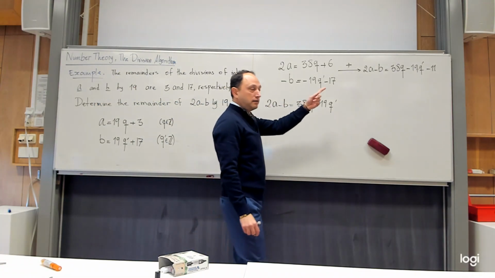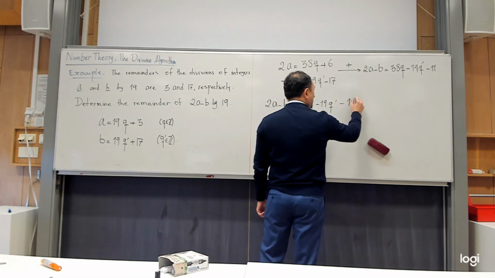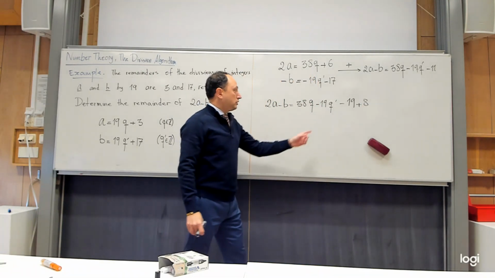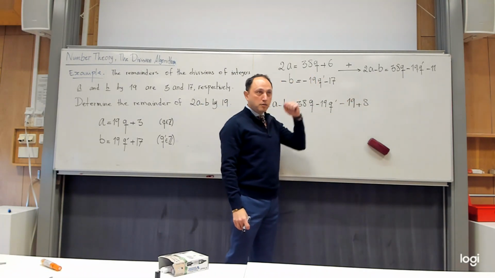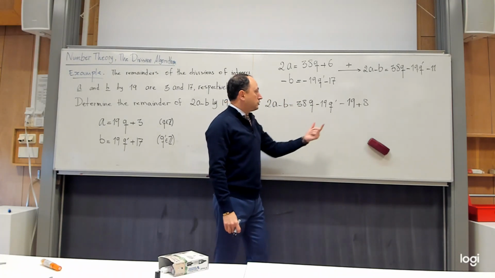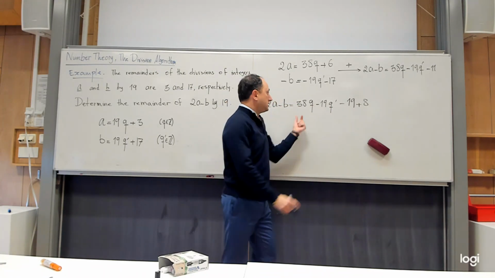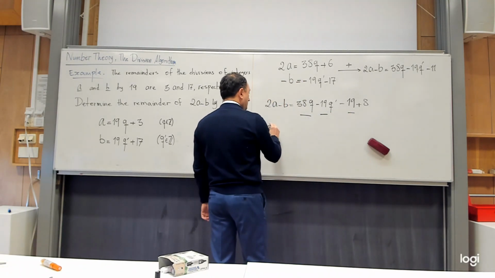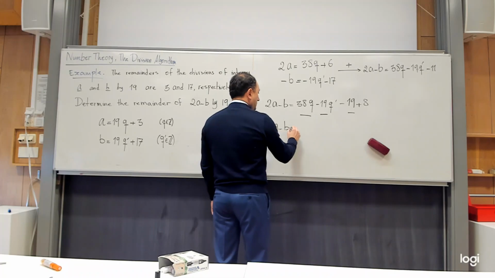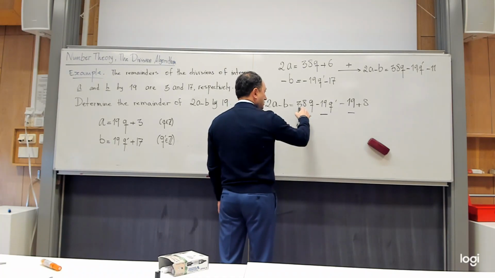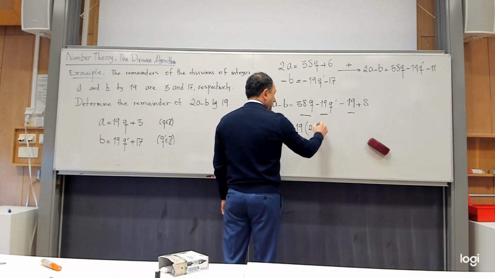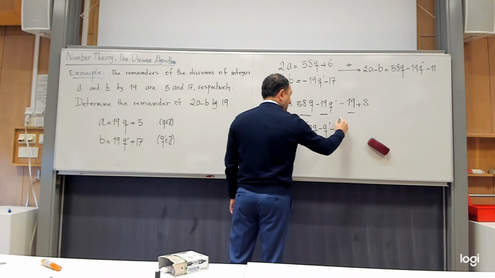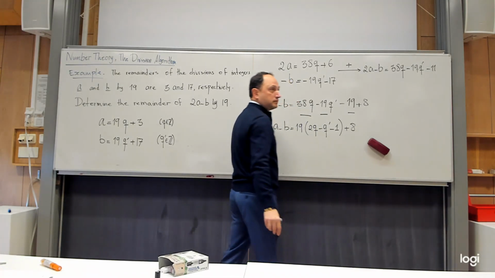Instead of minus 11, I write minus 19 plus 8. First of all, do you agree that minus 19 plus 8 is minus 11? And why is it good? Because I want to have a factor of 19. Now this is a factor of 19, a factor of 19, a factor of 19, so I can pull it out. So this becomes 19 times 2q minus q prime minus 1, plus 8.